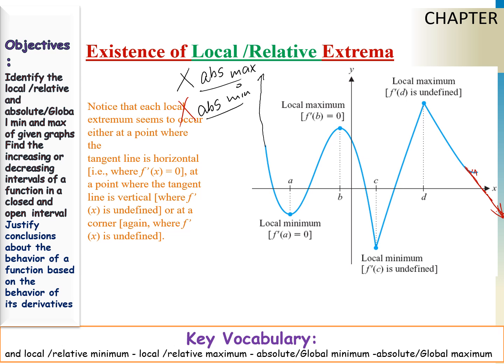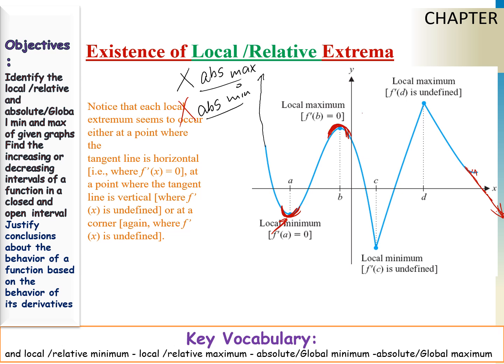Now let's talk about the local maximum or minimum. Any turning point could be a local maximum or a local minimum. If it is a peak point, it's a local maximum. Let's start from here. Is it a maximum or minimum? Yes, it's a minimum because it is a valley. This is a peak, this is a turning point. Again it is a turning point.